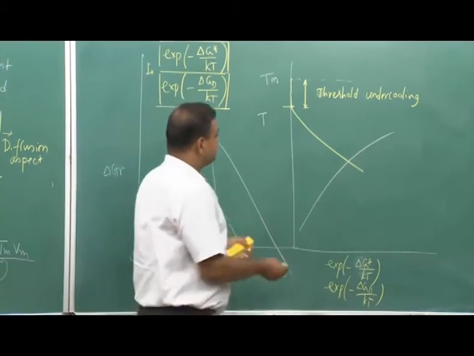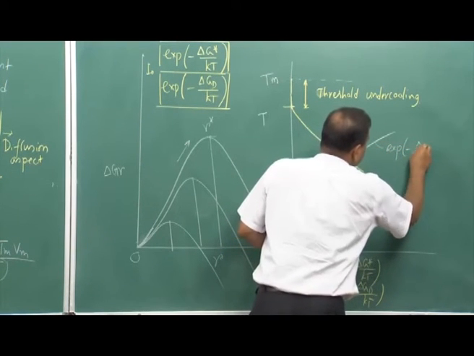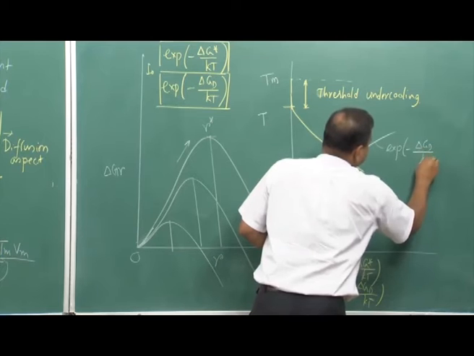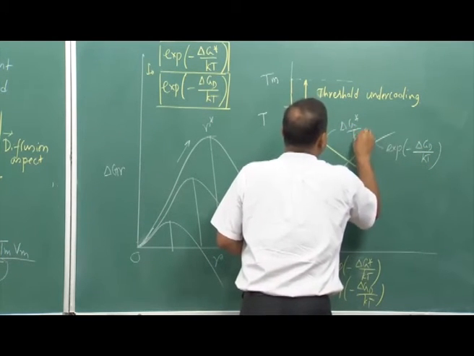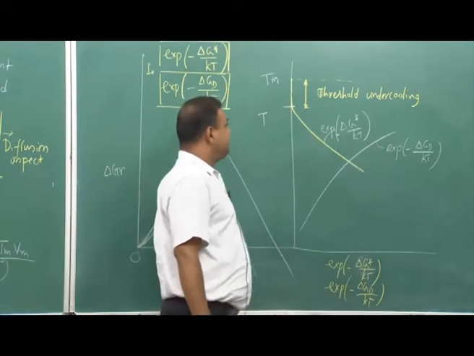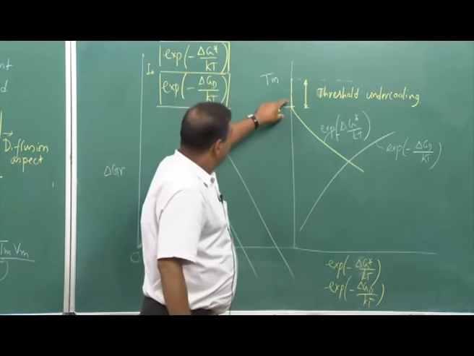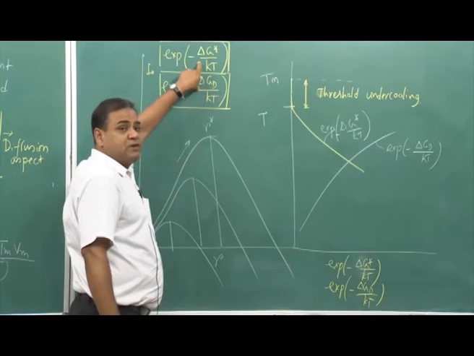Now this is my exponential minus delta g d by kt, and this is exponential minus delta g star by kt. Fine. Now, what is I? I is the combination of these two, the product of these two.